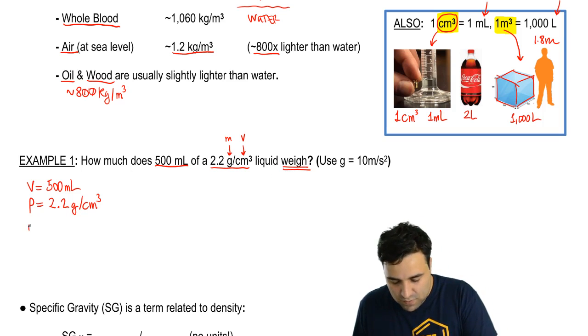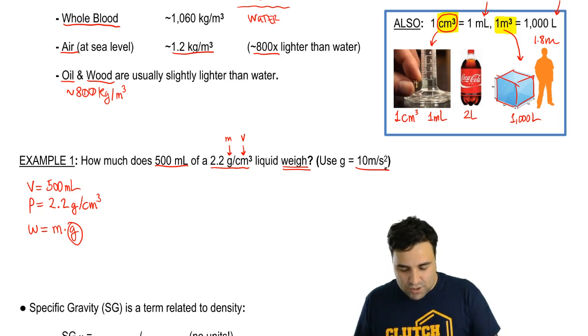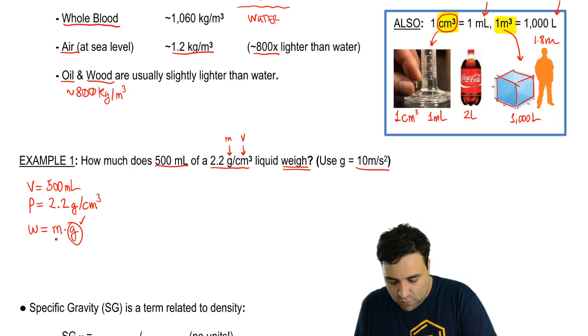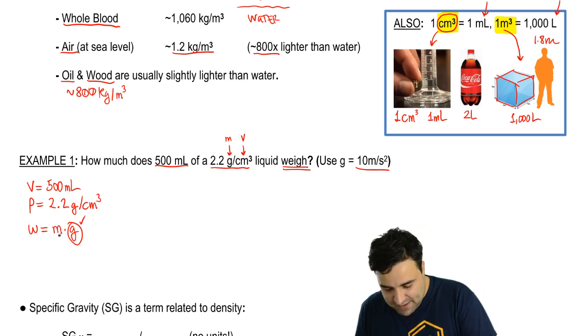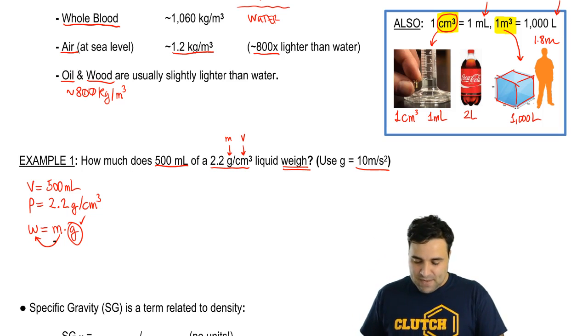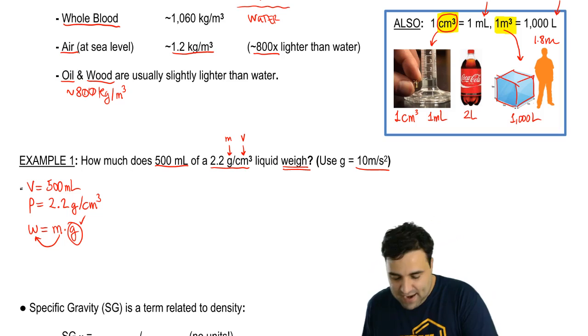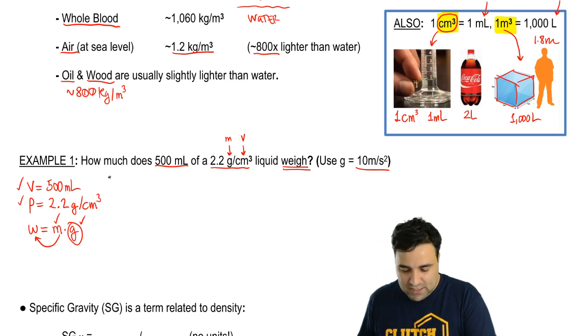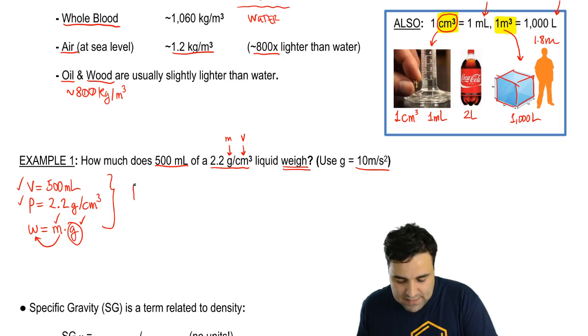In other words, what is the weight of that liquid, which is mass times gravity. Now, we know gravity. We're going to use 10 here just to make life easier. So really, this question is asking us for mass. If I can find the mass, I will find the weight. How do I find mass? Well, if I have V and rho density and I want mass, I can just use the density equation.